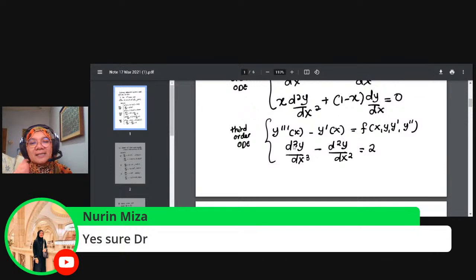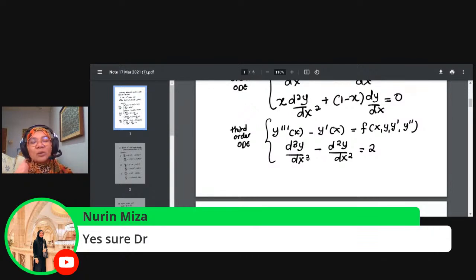Or you can write it as del cubed y over del x cubed minus del squared y over del x squared equal to x squared minus 2. So there is a curve, a cubic curve, and maybe it goes through the x-axis at 3 points.